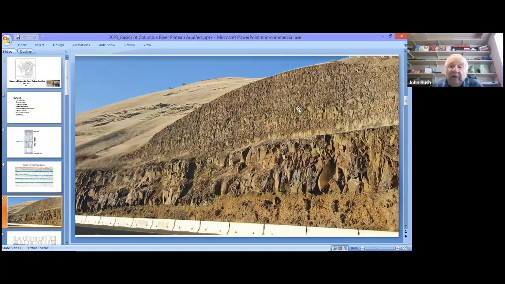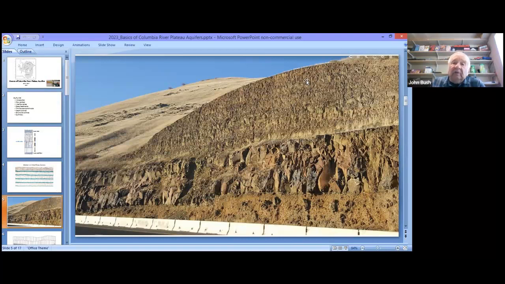And I have to admit that for years I argued with some people, because I could go out there and put my hammer, my hand, my credit card in between all these, what appeared to me as fractures. But the reality is that they are opening up as fractures because they've been unloaded. You've cut the road cut, or the erosional process has exposed them to the air. When they were surrounded on all sides by basalts, they were tight.